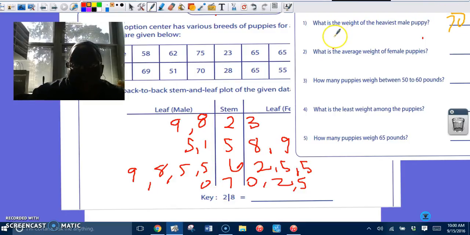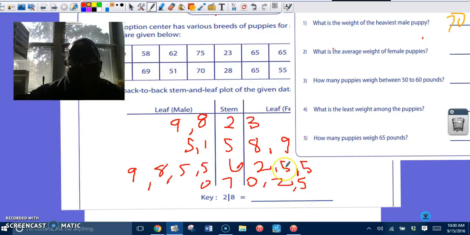What is the average weight of a female puppy? So remember, average means mean. So you're going to add up all the female numbers and then divide by how many numbers there are. So for female numbers, we'll be adding 23, 58, 59, 62, 65, 65, 70, 72, 75.